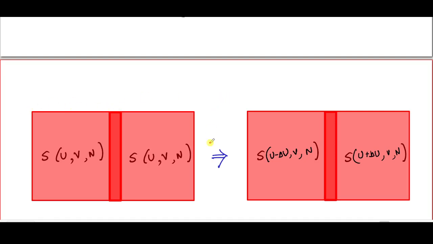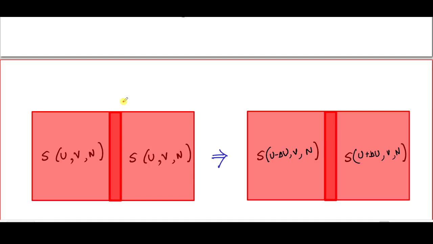And the entropy of the overall system is the sum of the two, which is twice S(U,V,N). Now let's just say that the wall in between is completely impervious. It's adiabatic, it's immovable, and it's impermeable.